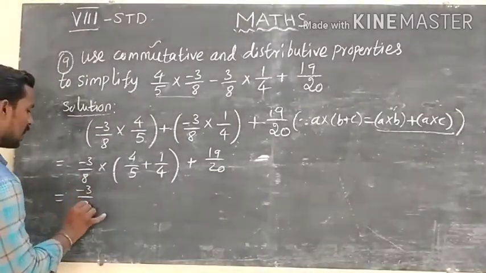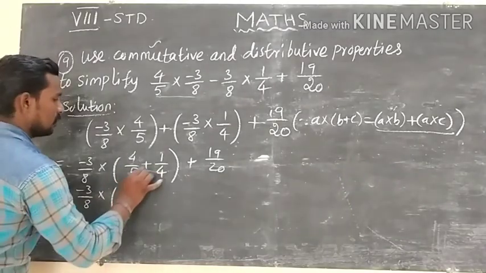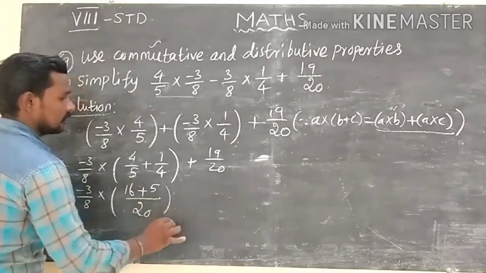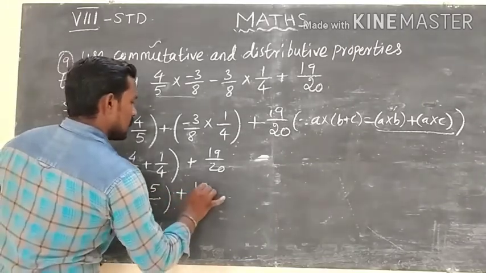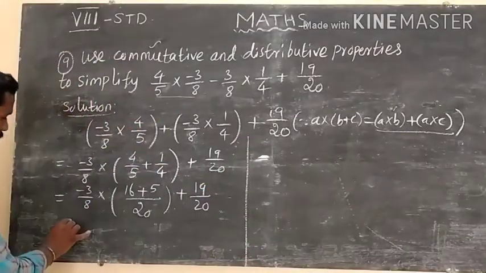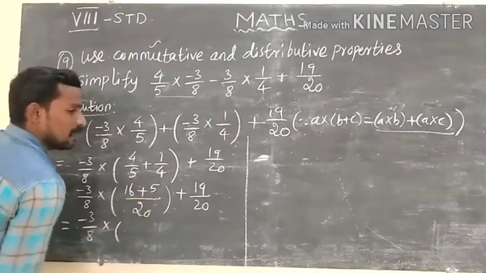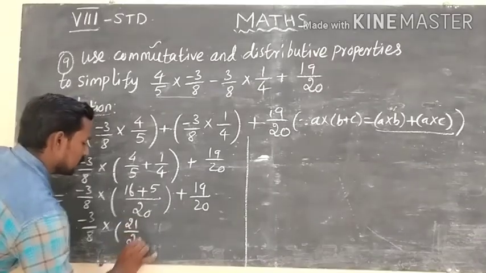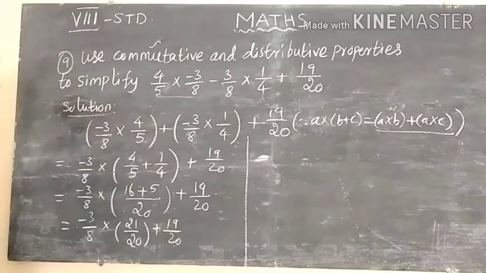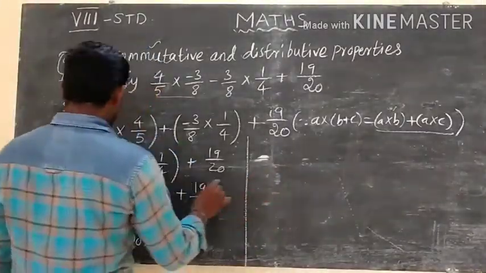Then minus 3 by 8 into, using the cross multiplication, 4 4s are 16 plus 1 5s are 5, divided by 5 4s are 20, plus 19 by 20, which is equal to minus 3 by 8 into 16 plus 5, 21 by 20, plus 19 by 20. And multiply both the values.